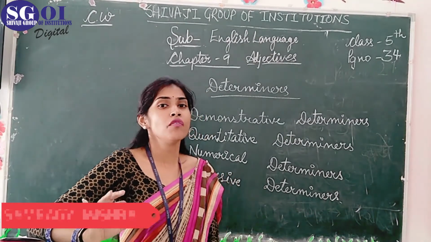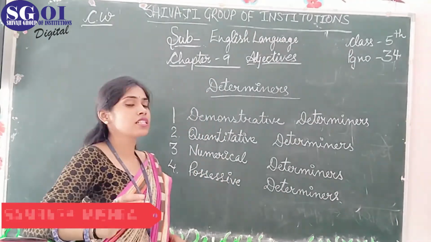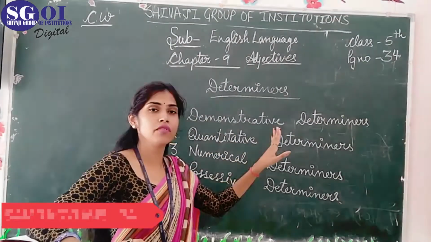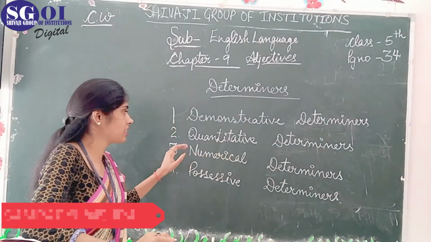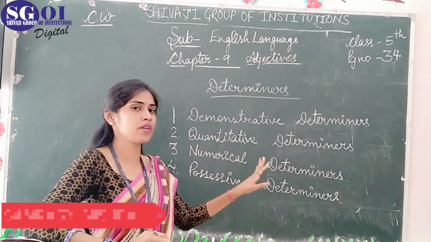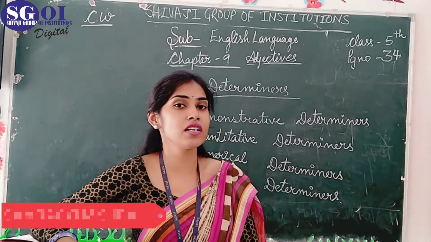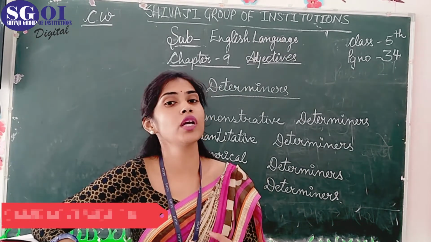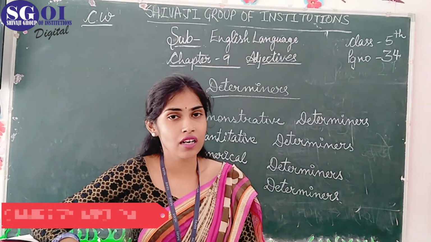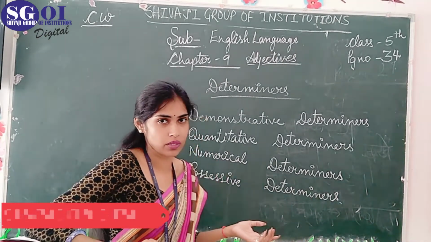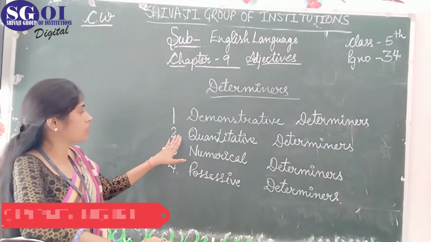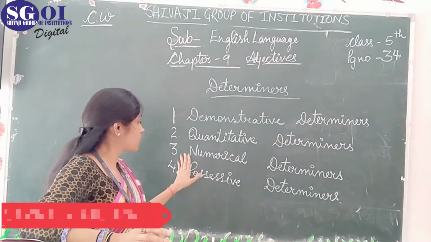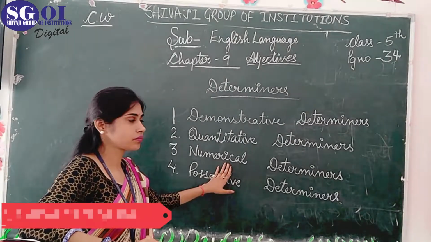The words which indicate something are called demonstrative determiners. Quantitative determiners are for things we cannot measure or count, like a little, a few. Uncountable nouns go with quantitative, and countable nouns go with numerical.